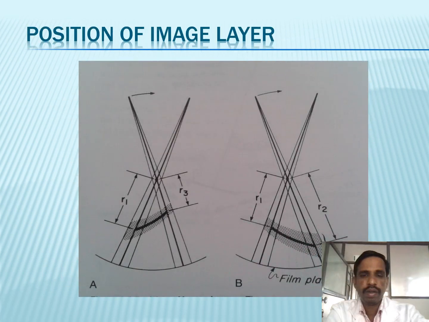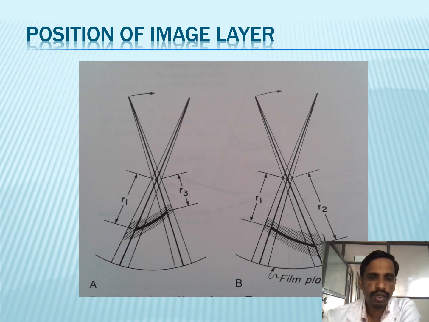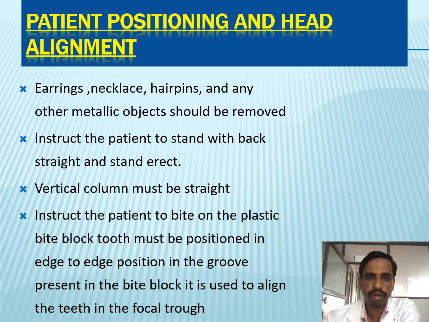If the effective projection radius is less, the width of the focal trough is going to be very small, and if the effective projection radius is more or away from the rotation center, you can see more width of the focal trough.